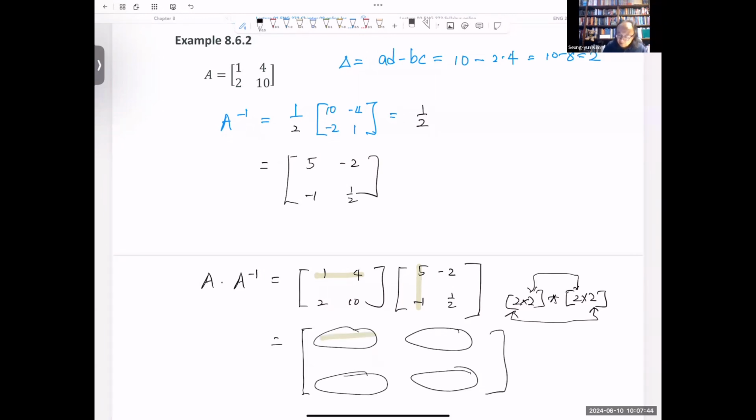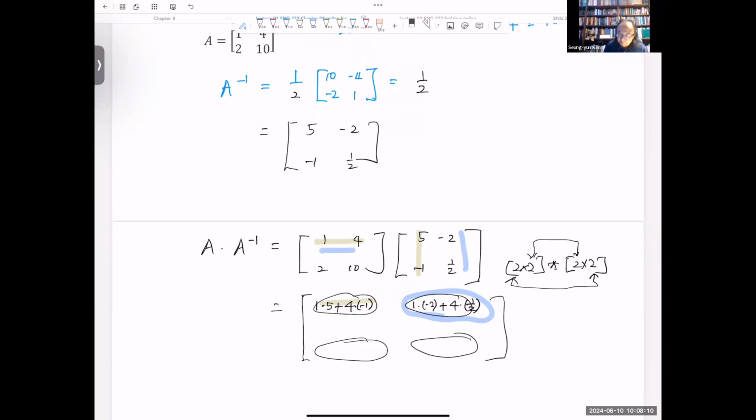And row by column, 1 times 5 plus 4 times negative 1. Row by column, 1 times negative 2 plus 4 times 1 over 2.